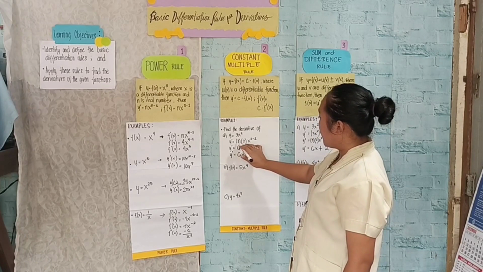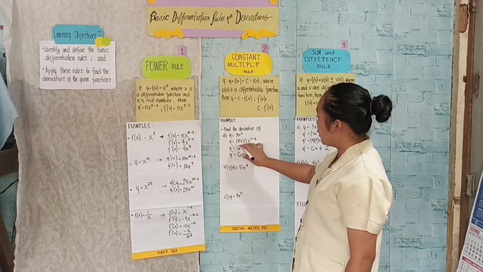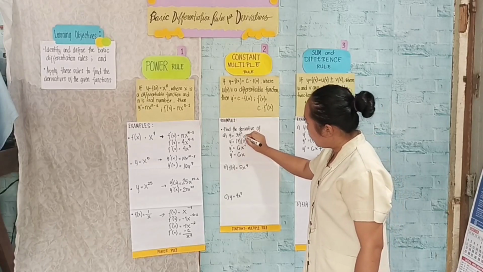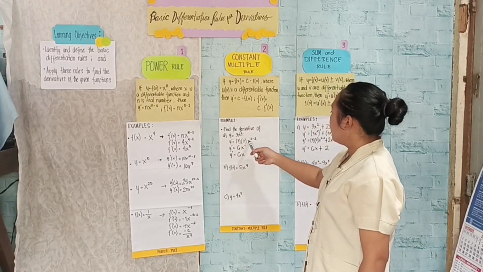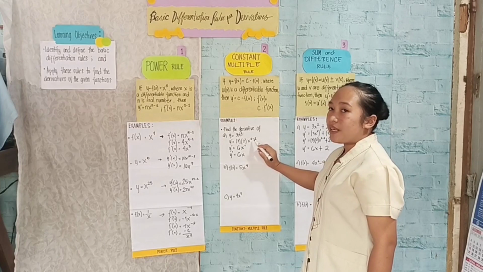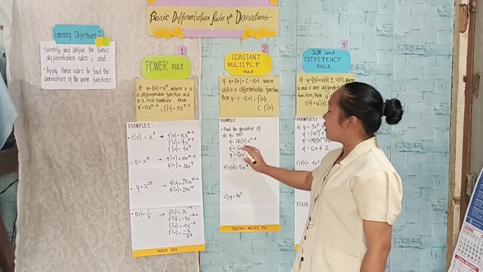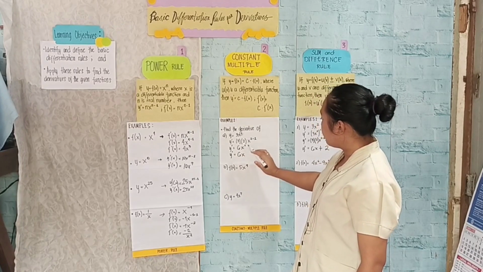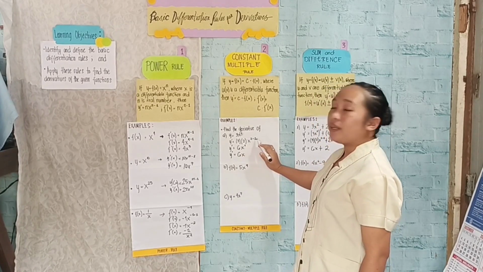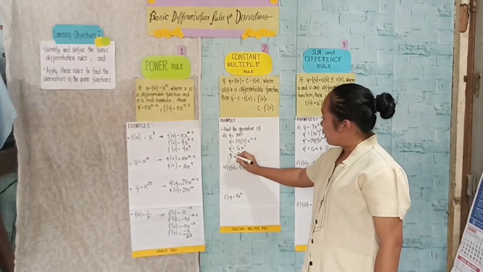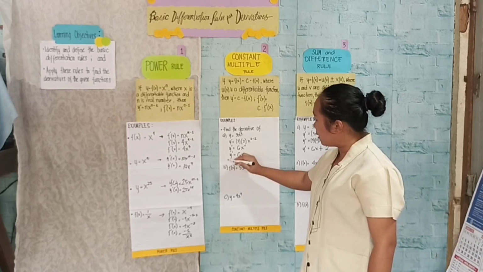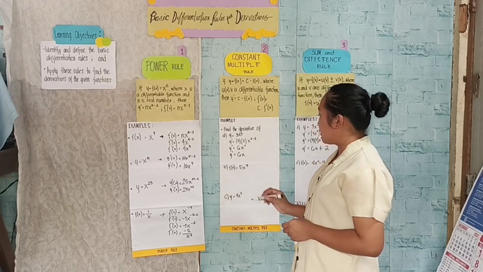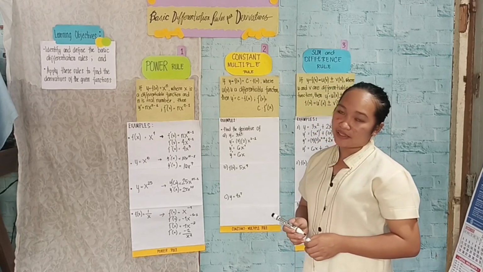So 3 is our numerical coefficient, multiplied by the exponent of x, which is 2, then the exponent will be subtracted by 1. So 3 times 2 is 6, and x to the 2 minus 1, which is 1. So the final answer, or the first derivative, is y prime is equal to 6x.